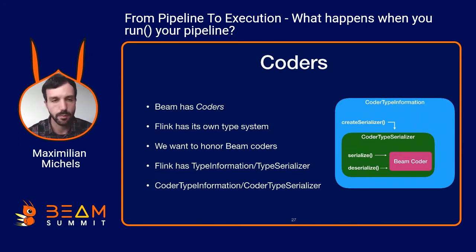Beam has a similar concept called coders. So in order to translate Beam coders, we create a special coder type information for Flink, which, if Flink asks for the serializer, returns this coder type serializer, which is really just calling the Beam coder. So that's fairly easy. It's just a kind of wrapper.